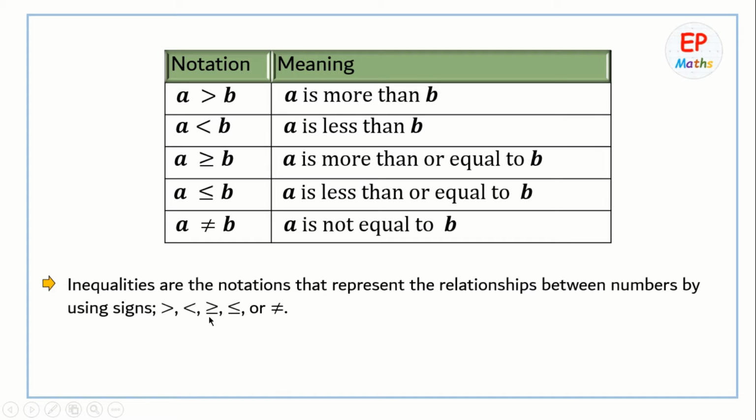This one greater than or equal to, or more than or equal to, or bigger than or equal to. This is less than or equal to, or smaller than or equal to. This one you can say not equal to, or not the same as. So these are the signs of inequalities.